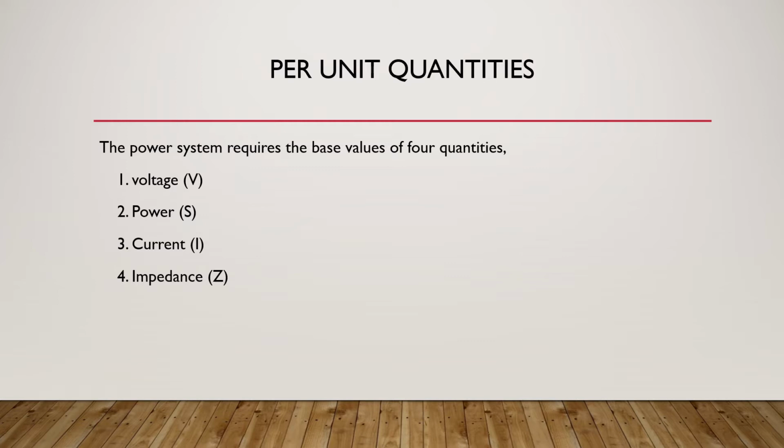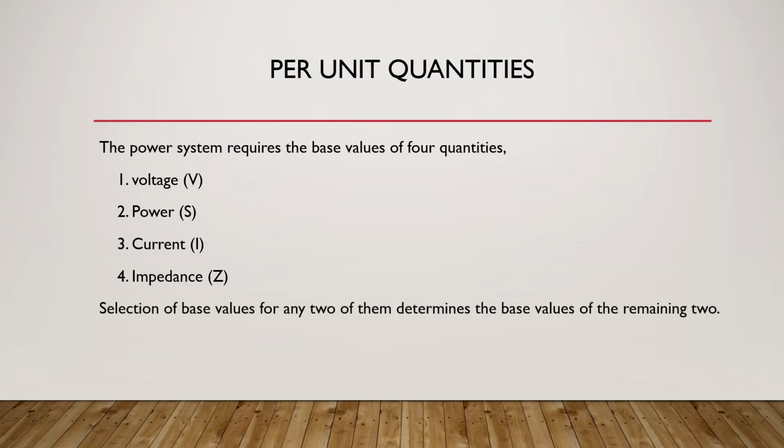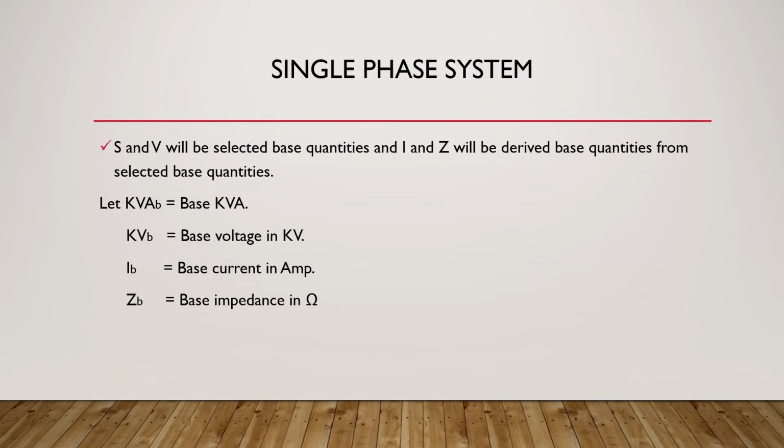The rest of the two base quantities we need to derive from the specified ones. Keep this point in your mind. Now, the per unit values can be analyzed in a single phase system and a three phase system also. Let us start with the single phase system.